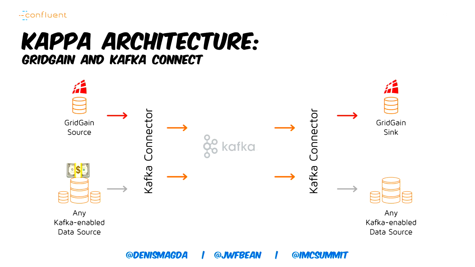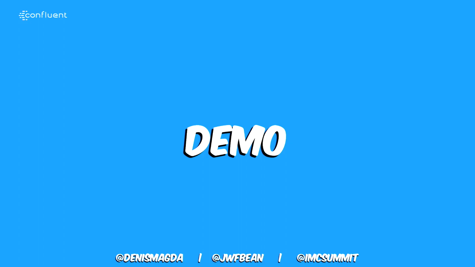We are going to push this information into Kafka Connect or Kafka, run some queries on the data, and after that the data will arrive to the GridGain sink. And we will see how we can deal with that data next. So it's the same queries on the GridGain sink and in Kafka.